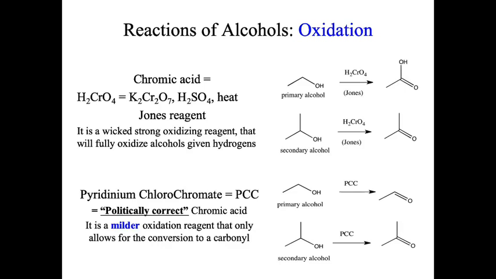It is a stupidly strong oxidizing agent. So if there are hydrogens to remove, it will remove them and replace them with oxygen. So let's take a look at that primary alcohol. Where's the reactive carbon? Carbon 1.